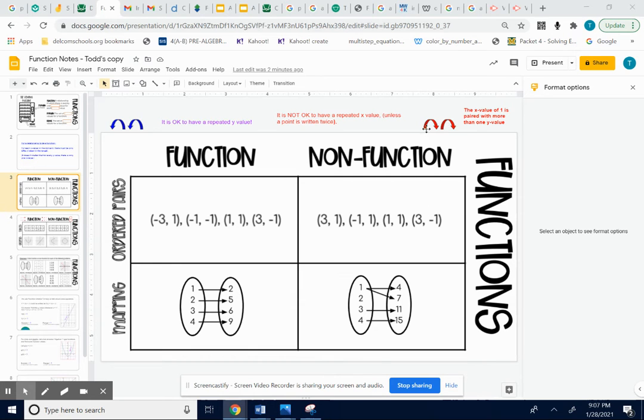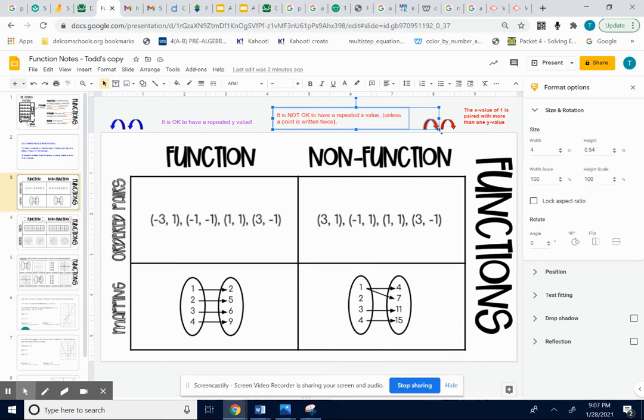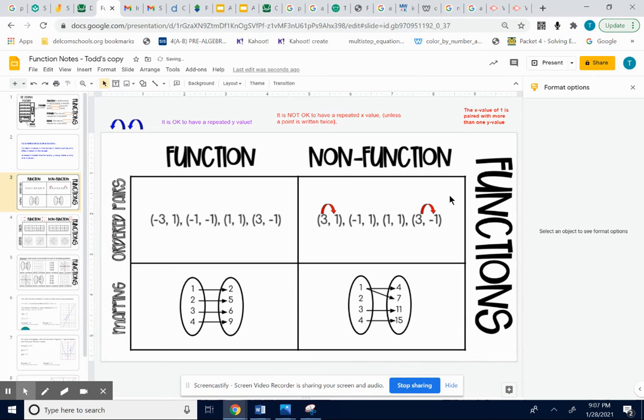The x value of 3 is paired with two different numbers, 1 and -1. That's a no-no. The x value of 3 is paired with 1 and -1.